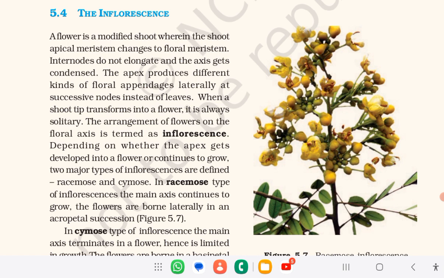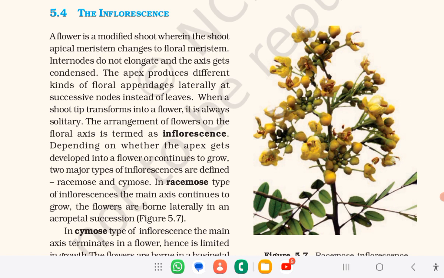Depending on whether the apex gets developed into a flower or continues to grow, two major types of inflorescence are defined. Number one, racemose. Number two, cymose. In racemose inflorescence, the main axis continues to grow. The flowers are borne laterally in an acropetal succession.